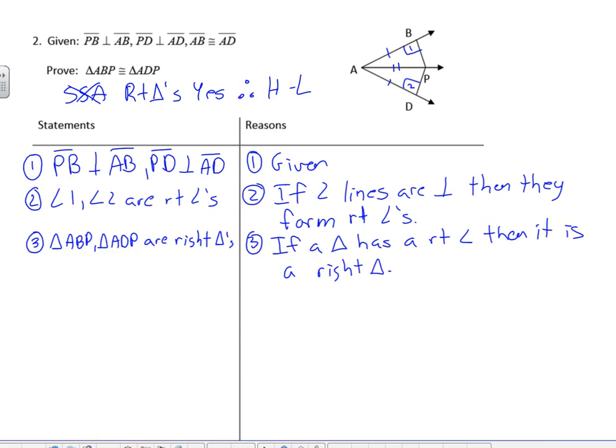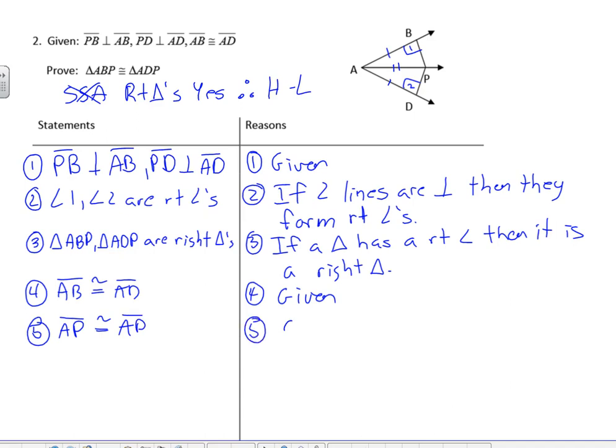So that's we've said their right triangle piece. Now let's do the hypotenuse, which is AB congruent to AD, and that was given to us. All right, and then we get the legs because of the reflexive property. So AP congruent to AP, that is reflexive.